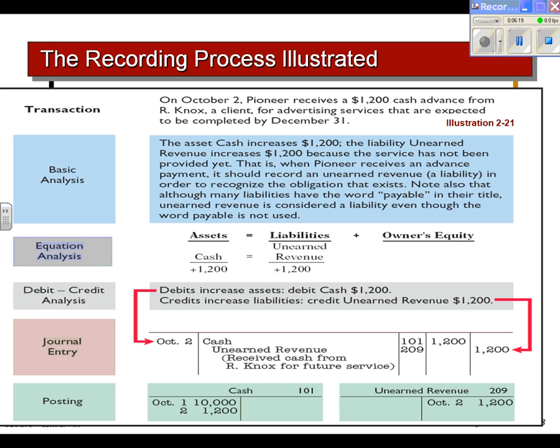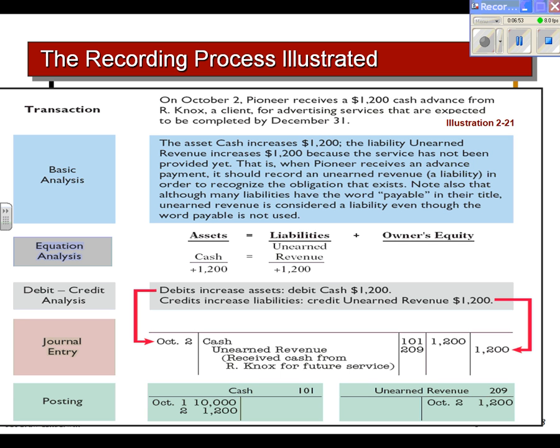I'll increase my cash by this amount. But then what I want to credit is my unearned revenue account. Remember that term, unearned, means that it's a liability account. And if you think this through, if the client decides that they do not want us to provide this service, say in October they come to us, or in November, or even in December before we complete the services, we should complete them by December 31st.